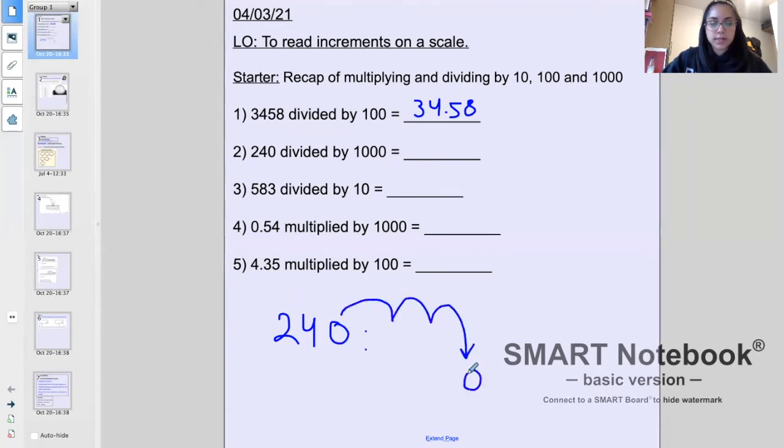So the 0 goes there. 4 would go 1, 2, 3 here. 2 would go 1, 2, 3 places to the right. And we've got our decimal point here, and we need a placeholder, and so you should have got 0.24. We do not need 0 here as a placeholder, as there are no numbers after it, so 0.24 should have been your answer.